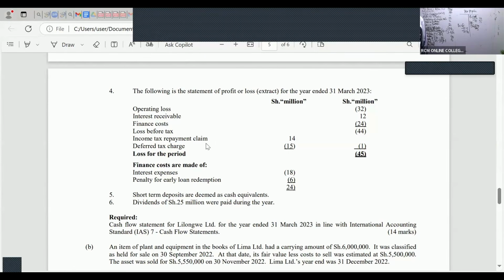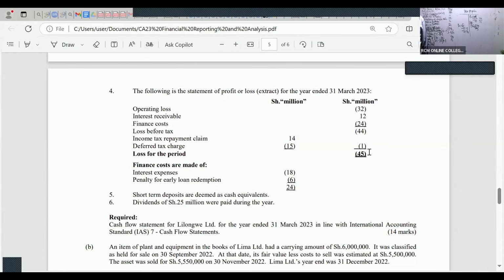And then we can see deferred tax charge is 15 because we are combining the two. So basically, the tax payable for the year is only 1 bob.